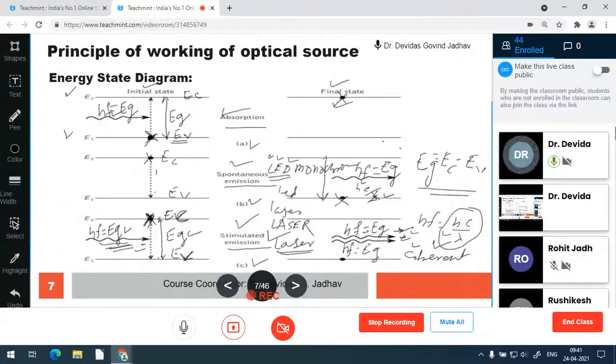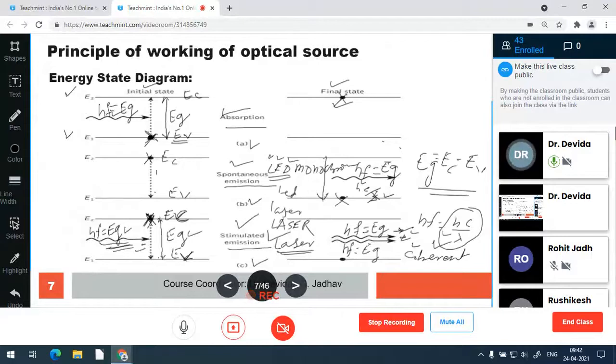So LED is monochromatic, but it is not coherent, because each time the transition takes place spontaneously, randomly, at any time, so no phase relationship of one photon to another photon is observed. So LED is incoherent but monochromatic. But laser is monochromatic as well as coherent.